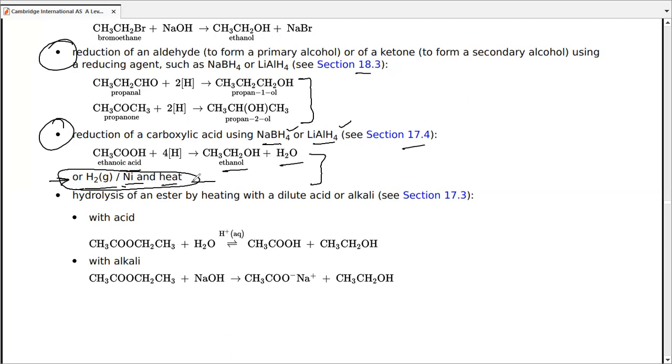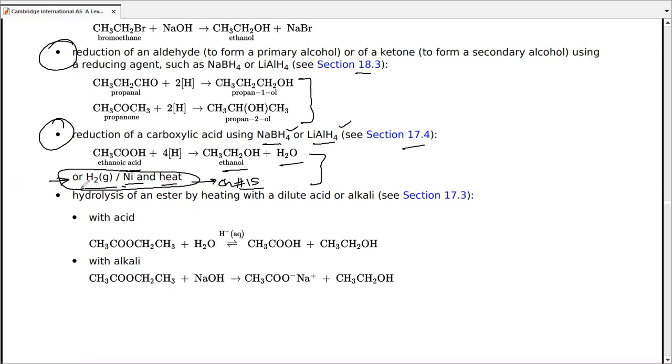We studied this specific reaction in chapter number 15, hydrocarbons, where we were able to convert alkenes back into alkanes with the help of hydrogenation. And that's how we were capable of converting cooking oils or vegetable oils into margarine. This was also given in chapter 15. Now they are talking about how we can convert carboxylic acid back into alcohols with the help of a hydrogenation reaction.